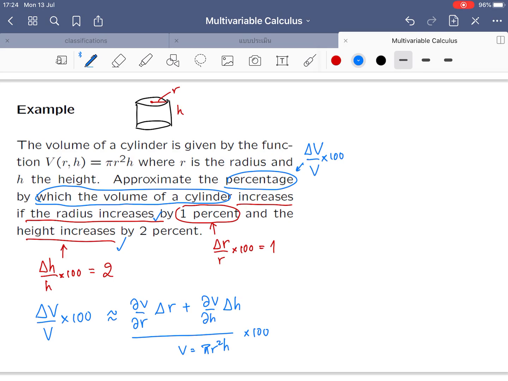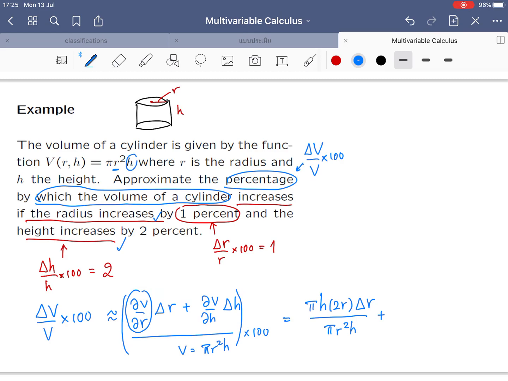So this one is your dv dr. A derivative with respect to r: pi h are constants, and the derivative goes directly to r square, so you have 2r, and then delta r. And this v can be divided to separate the fractions, just like that. And then add the dv dh.